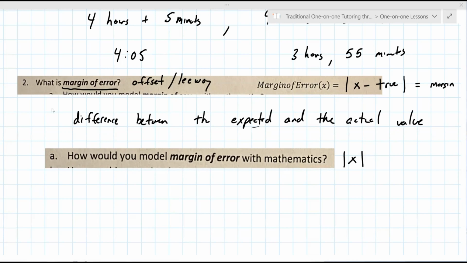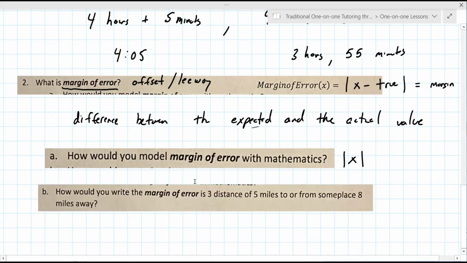All right, so next one is, how would you write the margin of error as distance of 5 miles to or from someplace 8 miles away? That's really odd.